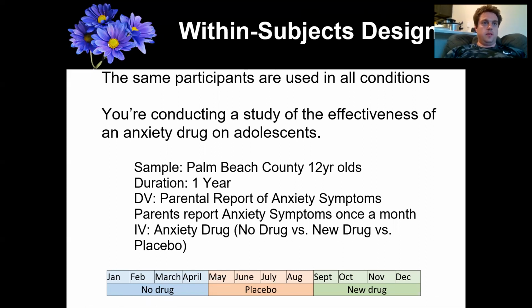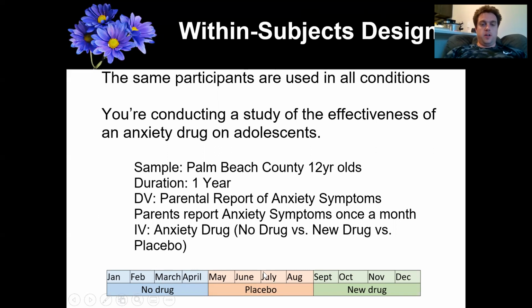I think 12, 13 is average puberty age. They could start going through puberty. That would obviously be a confound. Maybe they're more anxious about that, or maybe that distracts them from their anxiety. I don't know. That could be changing by condition, or along with the condition, rather.